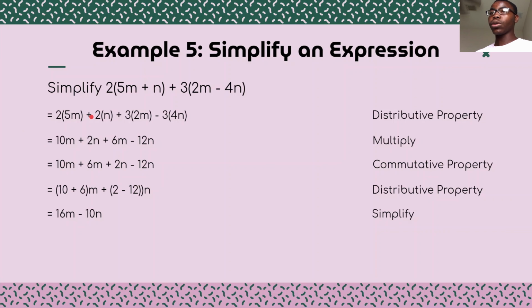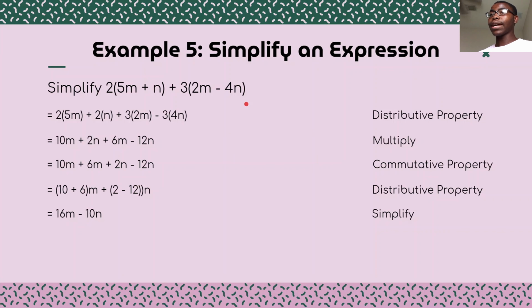Let's distribute the 2 across the 5m and the n, and that would be 2 times 5m plus 2n. If you distribute the 3 across the 2m minus 4n, that would give us 3 times 2m minus 3 times 4n. And this is using the distributive property.